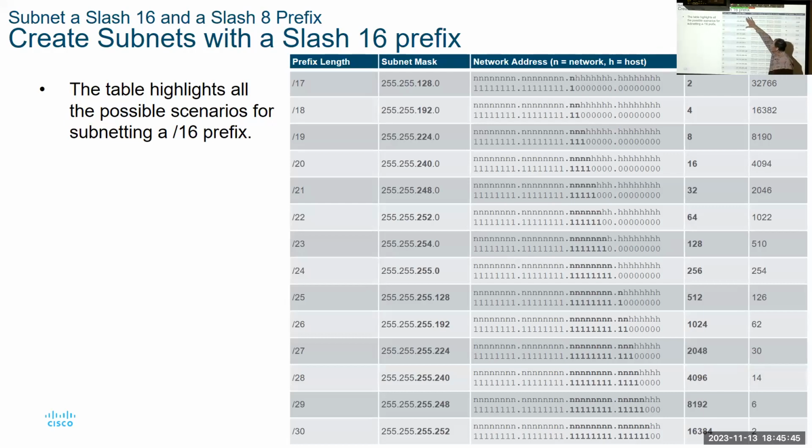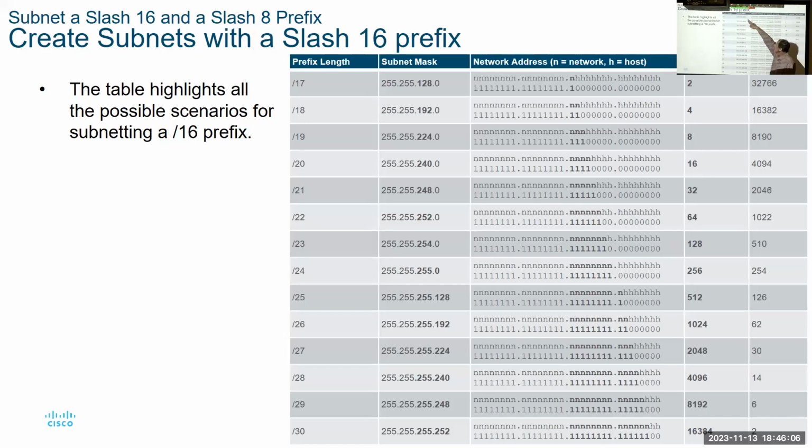And the values for, in this case, the 3rd octet of the subnet mask, the first possible value is 0. That's when it's a /16 that is not subnetted, 255.255.0.0.